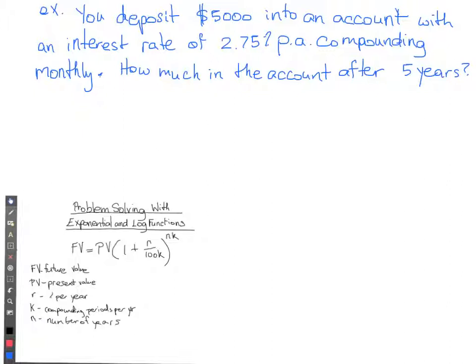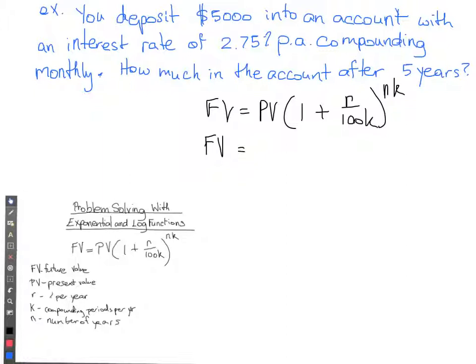So let's plug in to our exponential function and see how it works. FV equals, and I'm just rewriting the formula here, PV times 1 plus R over 100K to the NK. FV is what we're looking for. We don't know it.